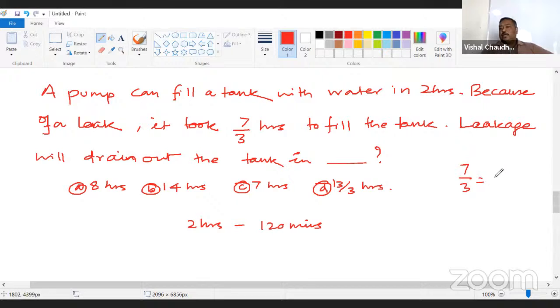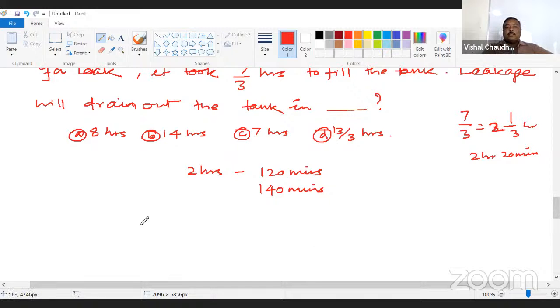Now, 7 by 3 hours means 2 and 1 by 3 of an hour, that is 2 hours 20 minutes, or we can say 140 minutes. Understand? Here the pump alone takes 120, but pump plus leakage takes 140. Clear?